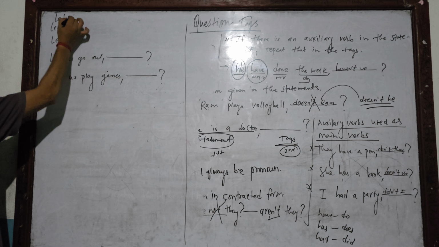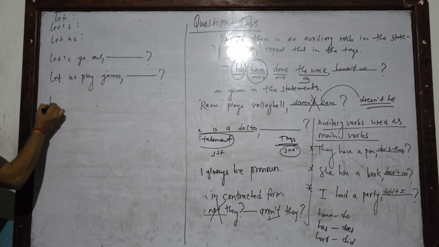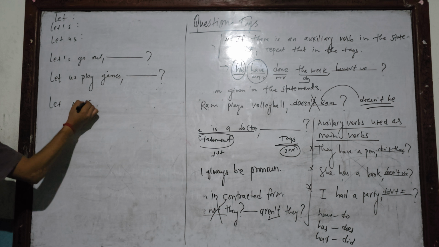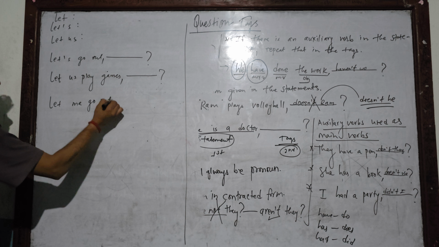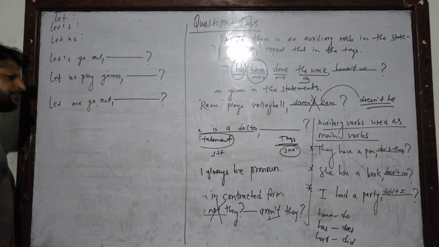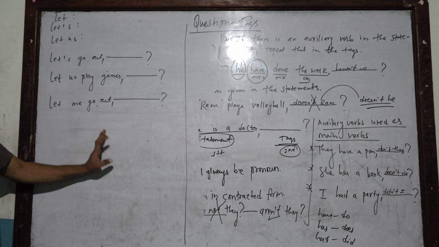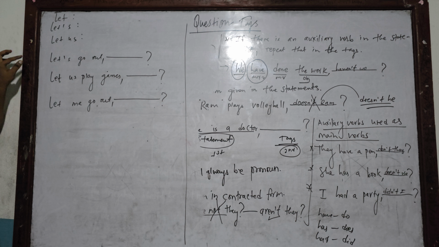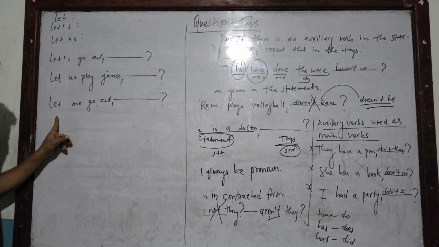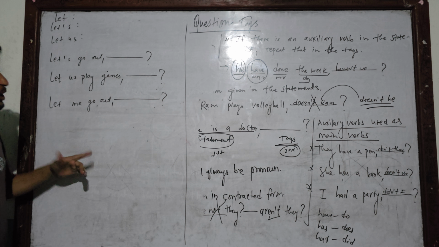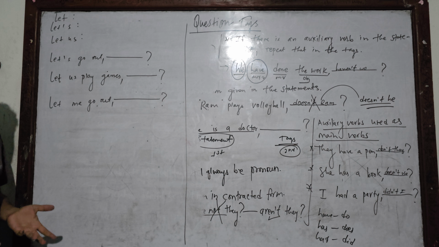Let me go out. Now these three different sentences: one starts with let's, another with let us, another only with let. So how do we say them in question tags?